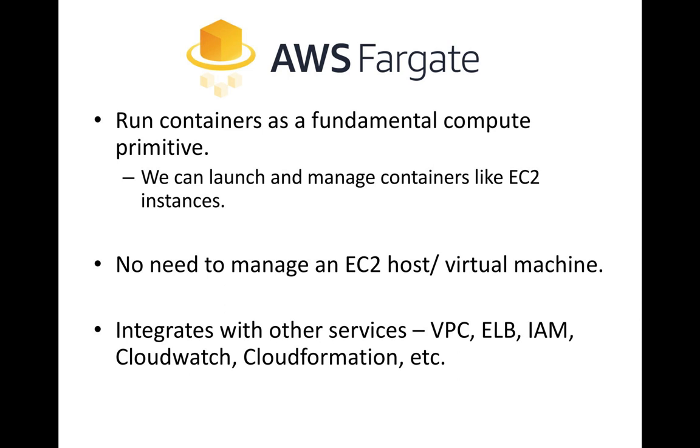With AWS Fargate, you provide a Docker image, and AWS will launch that image as a Docker container and then allow you to interact with that container just like it's an EC2 instance.